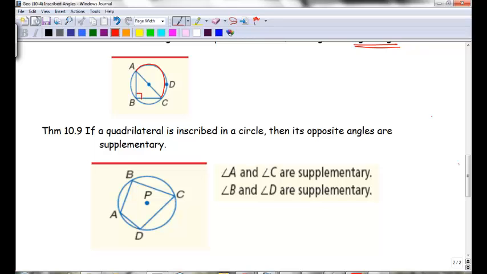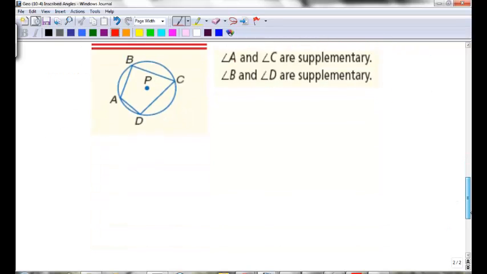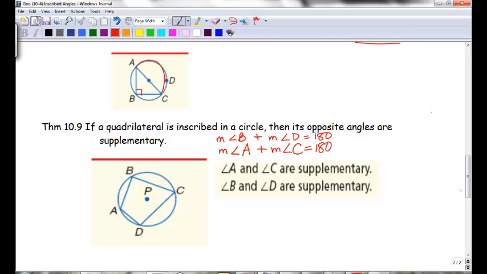Angle A plus angle C add up to 180, and angle B plus angle D add up to 180. They are supplementary.